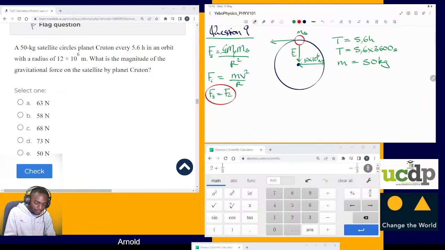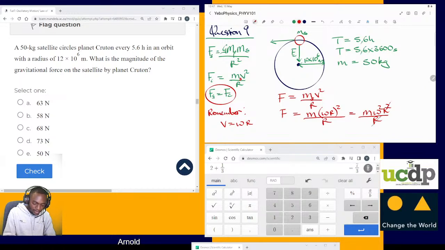So now, with what we have, remember v is equal to omega R. So to calculate our gravitational force, we can use the expression F equals the mass of the satellite times v squared over R. In place of v, we put omega R. We square that, all over R. That becomes m omega squared R squared over R. You cancel that, you cancel that.